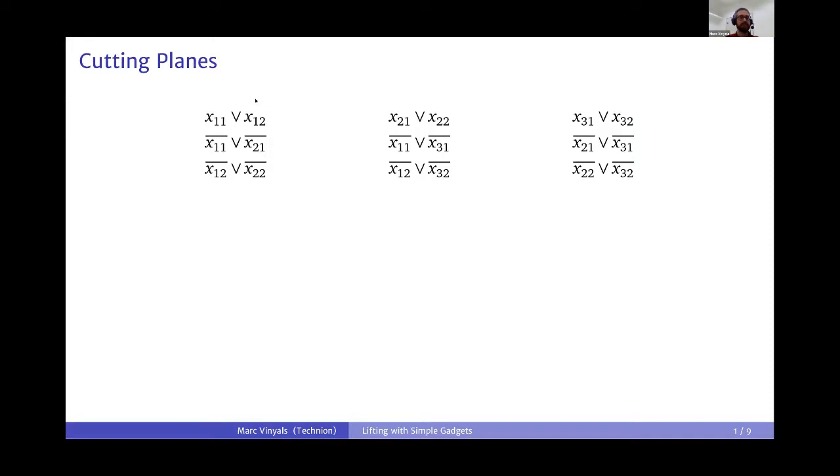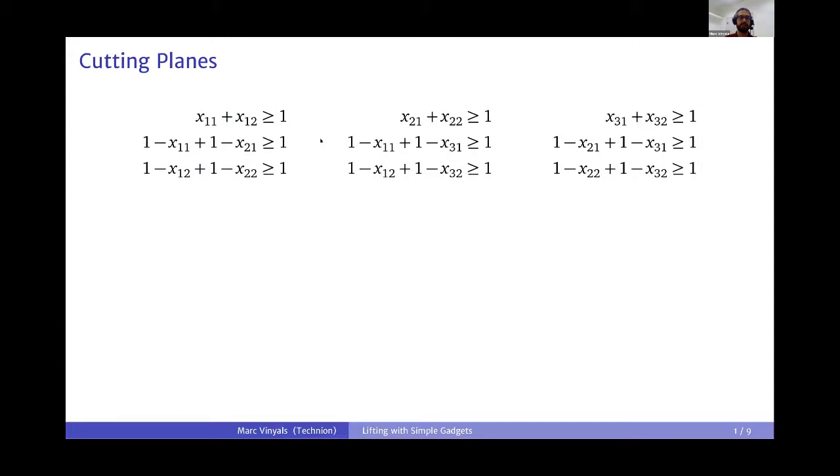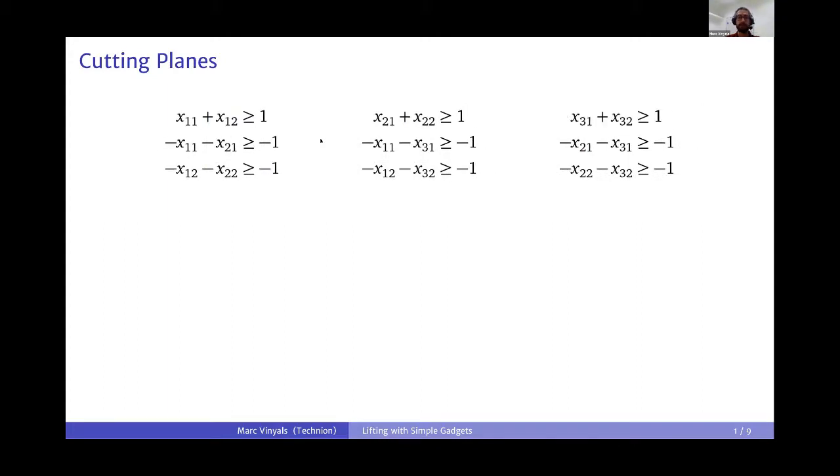So more precisely, you start with a formula in CNF, and you can translate that into a system of linear inequalities. Now you get a polytope, and the points in that polytope correspond to the solutions of the original CNF. Now we can add more inequalities to this polytope, and as long as we don't cut any points from the polytope, that is a sound thing to do.